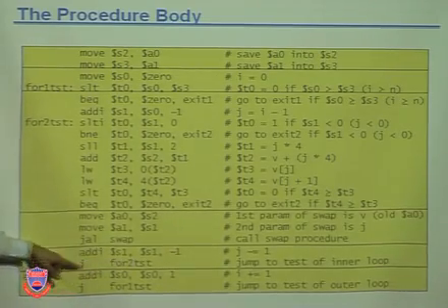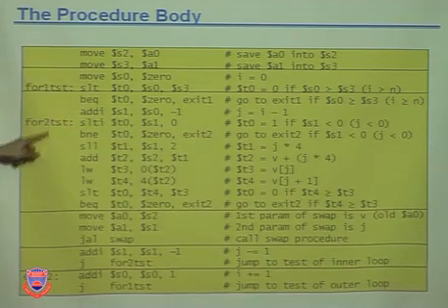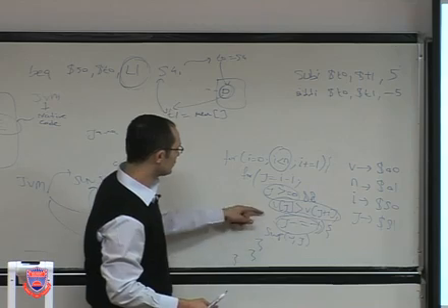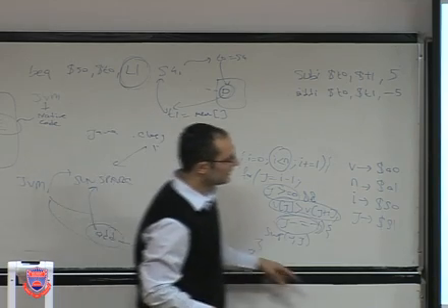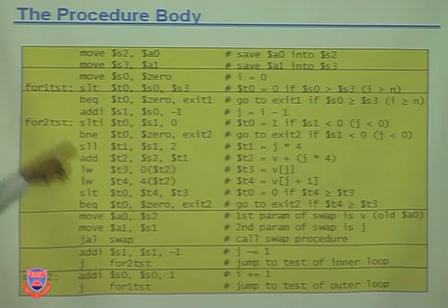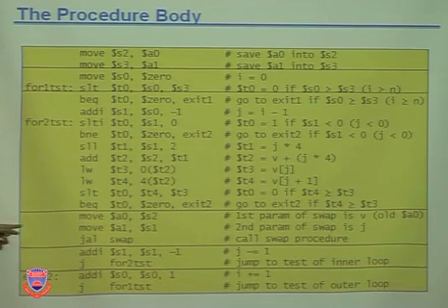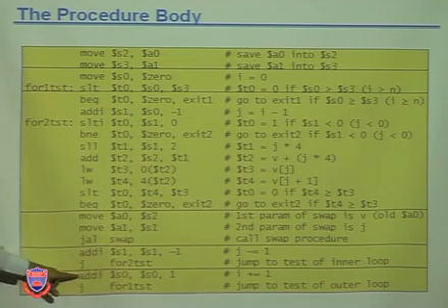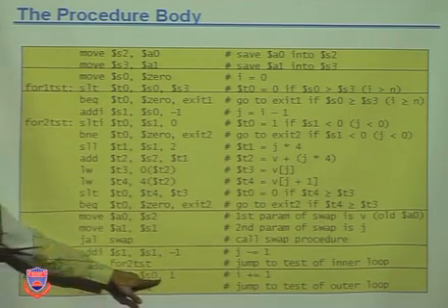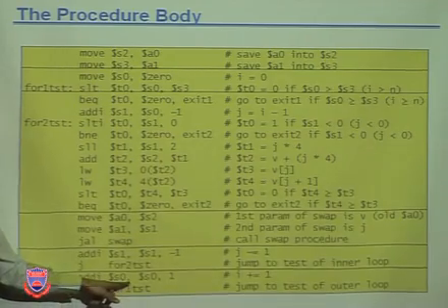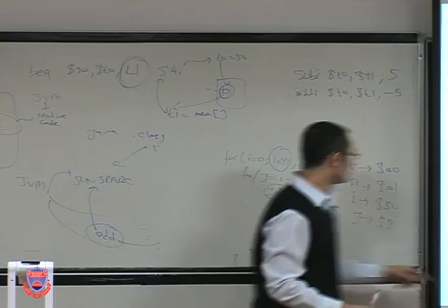So you will go back to the top of the loop, execute one more iteration, which is going to do it over again. And at the end, once you're done with the for 2 test, which is the inner loop, you'll go out of this and then jump into exit 2, which is this, so that you will increment S0 by 1. What was S0? It is I, so the outermost loop.